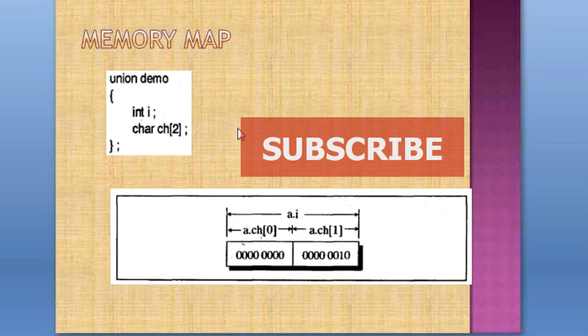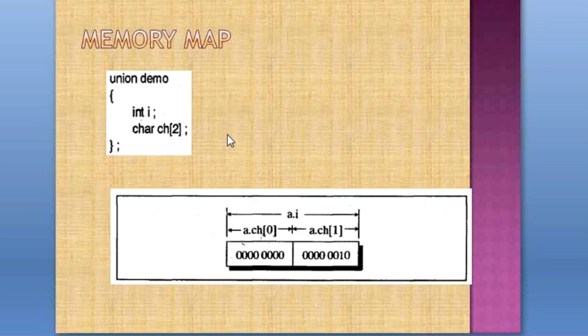Any answer? 4. Why 4? Yes, 4 bytes. Right. So 4 bytes are required, 2 for the integer and 2 for the characters, because the array size is 2 and each character takes 1 byte.